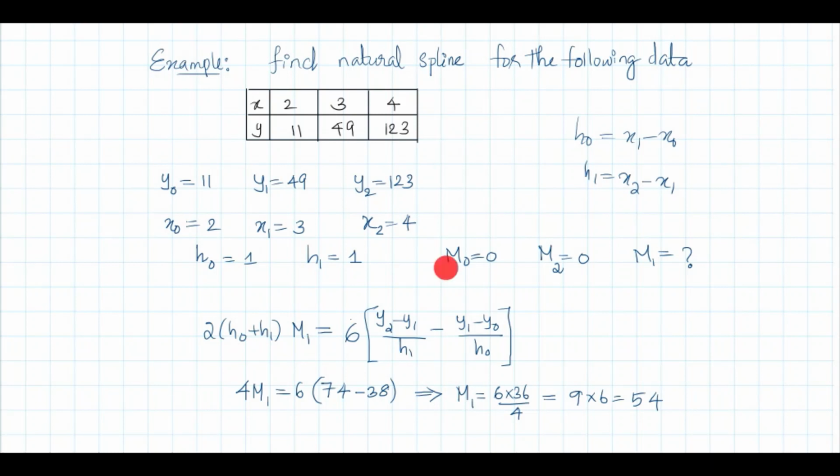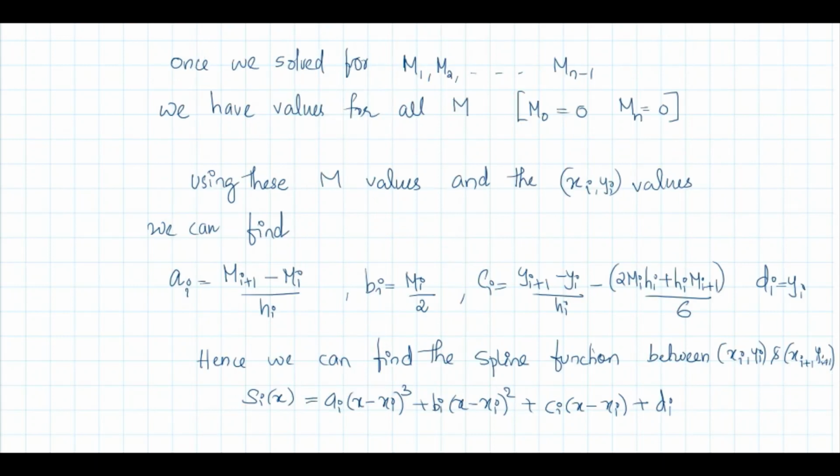m0 and m2 are 0 in natural spline. In the case of natural spline, m0 and mn are 0. Here there are only 3 data points, so n is 2, with indices 0, 1, 2. So m0 is 0, m2 is 0. The only unknown is m1. What is m1?